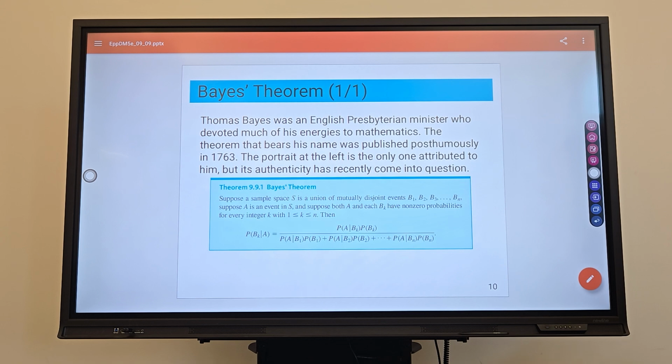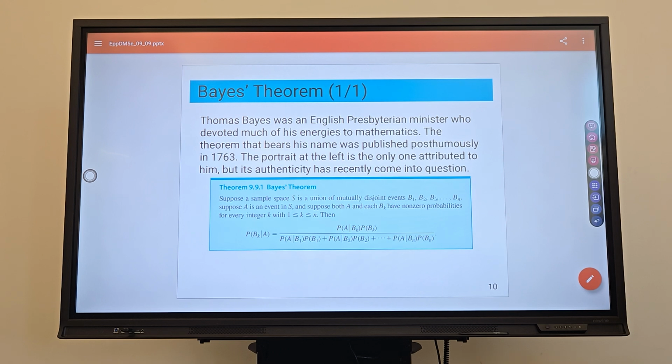The theorem is: suppose a sample space S is a union of mutually disjoint events B1, B2, B3, etc. And suppose A is an event in S, and also suppose A and each B have non-zero probabilities for every integer k from 1 to n.